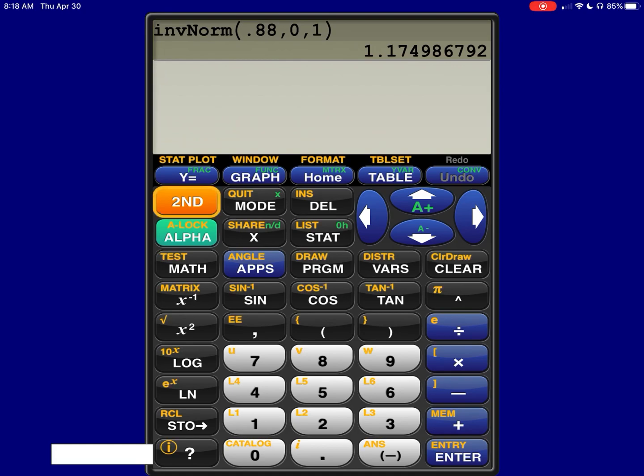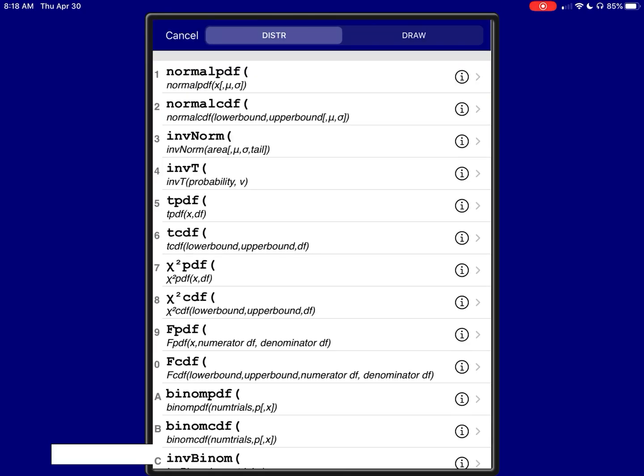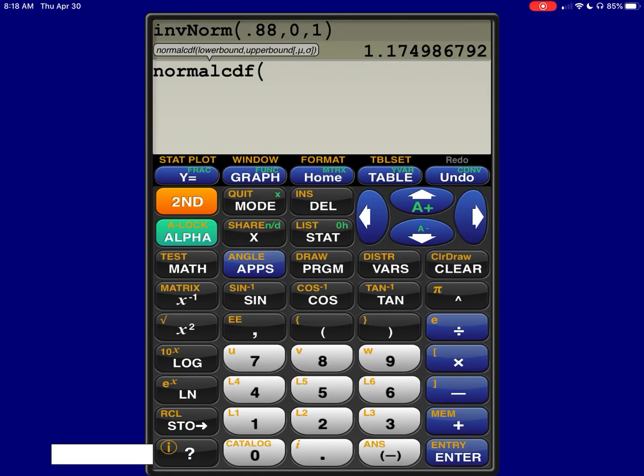And then I do the normal CDF from, let's say, negative infinity up to 0.705, which is what I got for my Z-score, and my mean was 0 and my standard deviation is 1.